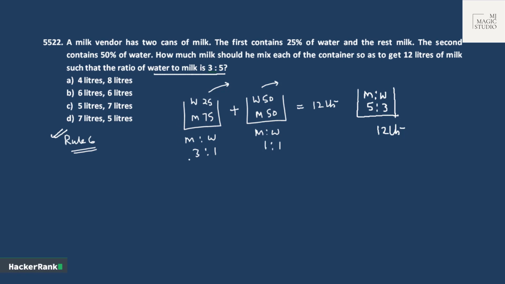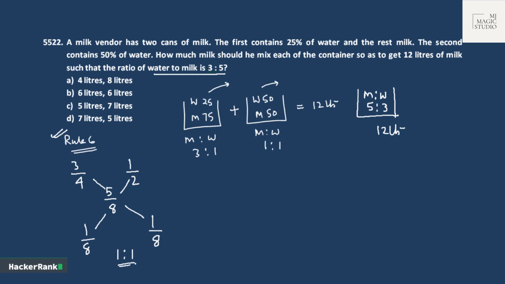Proportion of milk in the first jar is 3/4 and proportion of milk in the second jar is 1/2. Now the proportion of milk required in the third jar is 5/8. We need to find the difference and cross it up. This is 6/8 minus 5/8 is 1/8, and 4/8 minus 5/8 is again 1/8.